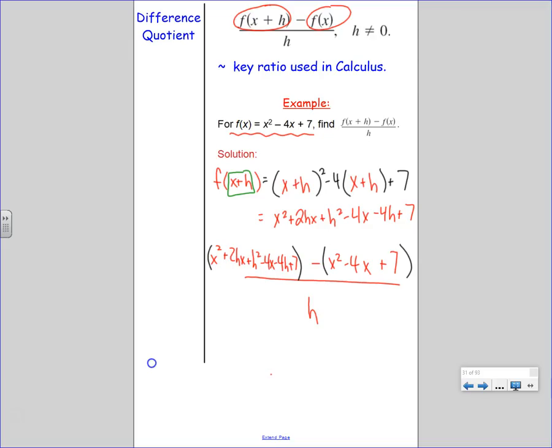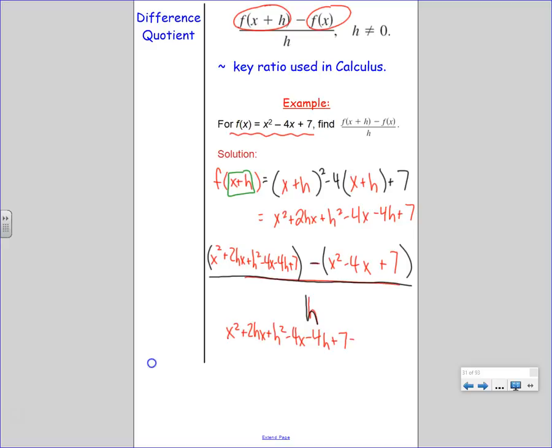What's the name of the game once you plug into a formula? Simplify. When you simplify, the bell rings, just wait, simplify with me. As soon as we finish, you will leave. Simplifying, I have x squared plus 2hx plus h squared minus 4x minus 4h plus 7.